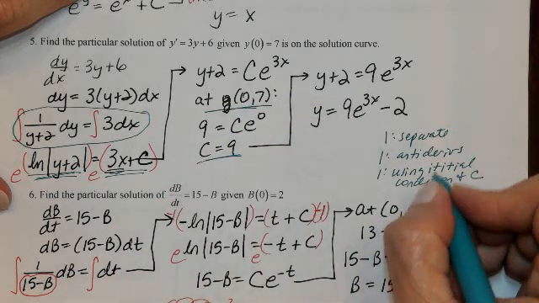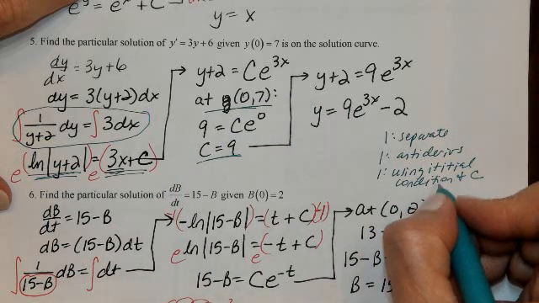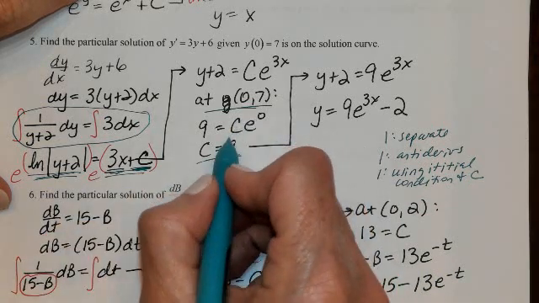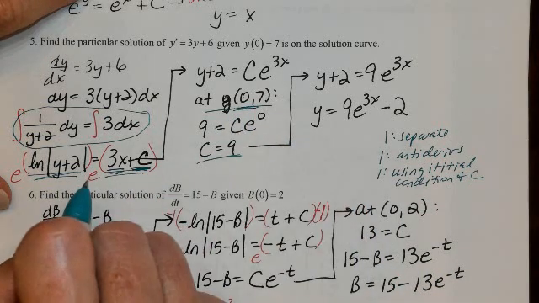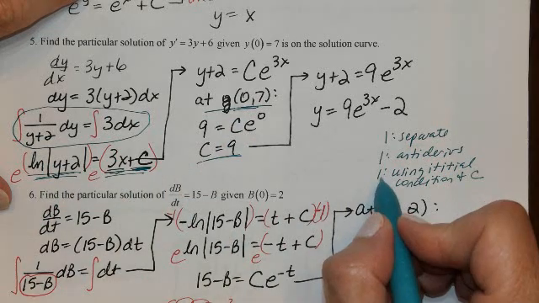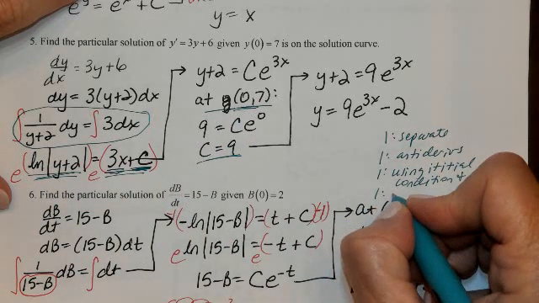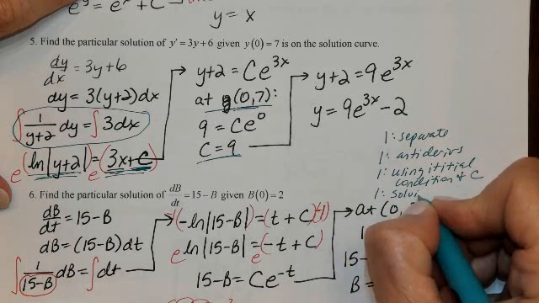Sometimes they even split that out, and they give you a point just for having plus C in there, and then for finding C using the initial condition. So one or two points for that. And then another point usually for solving for y.